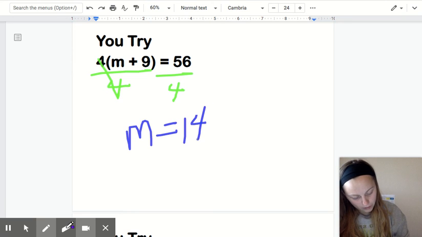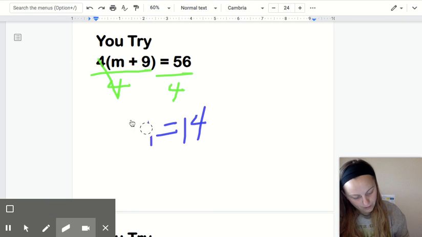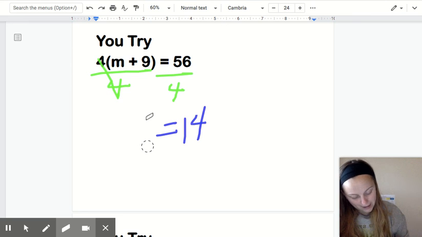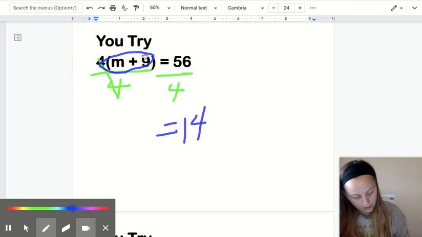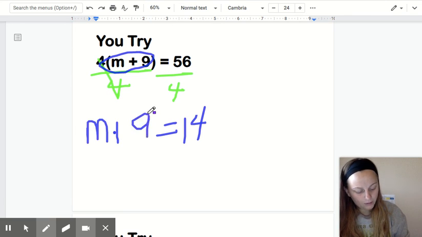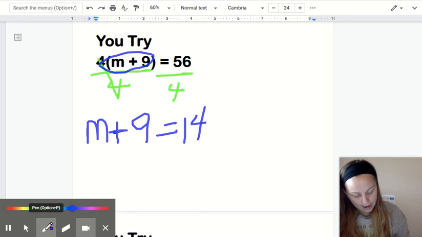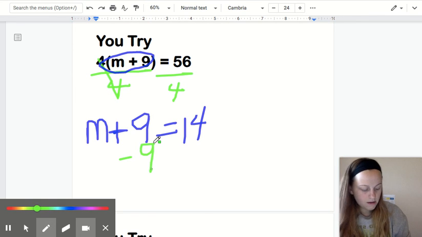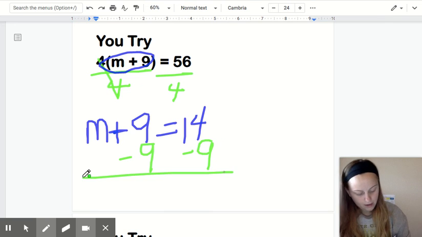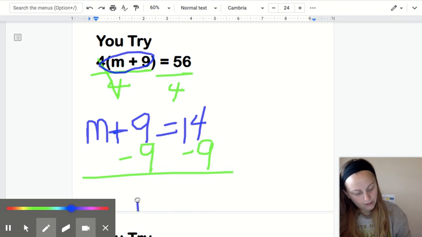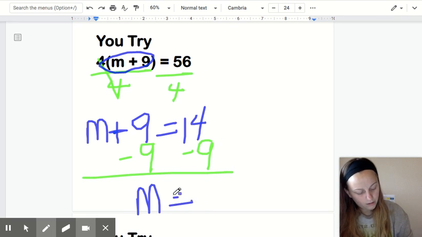Oh, and it's not m equals 14. Sorry about that. We still have m plus 9 left. So m plus 9 equals 14. Now I can subtract 9, and get my final answer of m equaling 5.